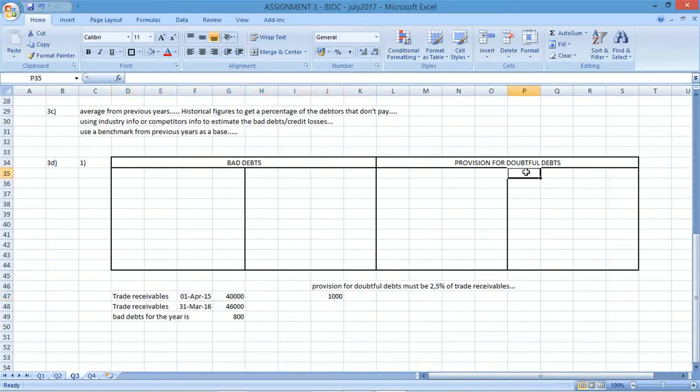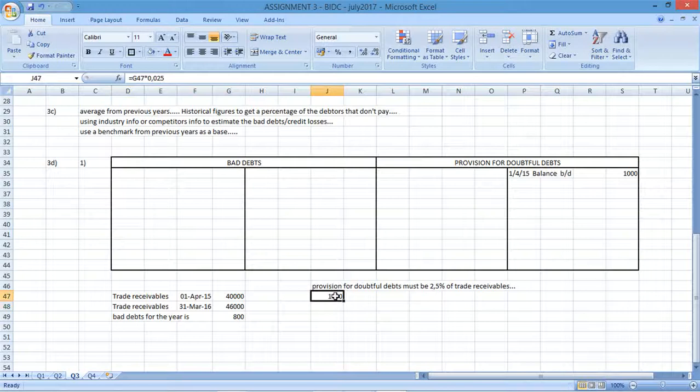So I need to record that. On the 1st of April 2015, we would have had a balance brought down of a provision which was that 1,000, 2.5% of the balance that we had at the beginning of the year. Then we've got a balance here at the end of the year, which is 46,000.